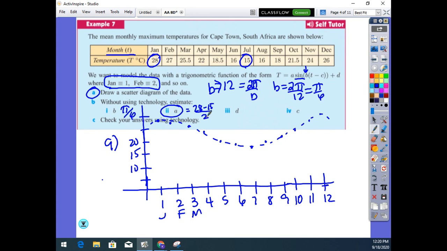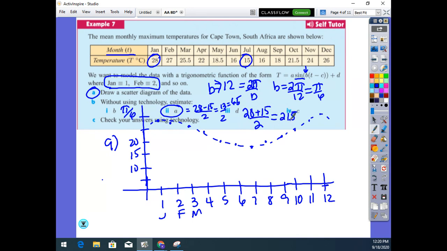So 13 divided by 2 is 6.5. D is our vertical shift. That's where we average the high and the low. 28 plus 15 divided by 2 is 21.5.